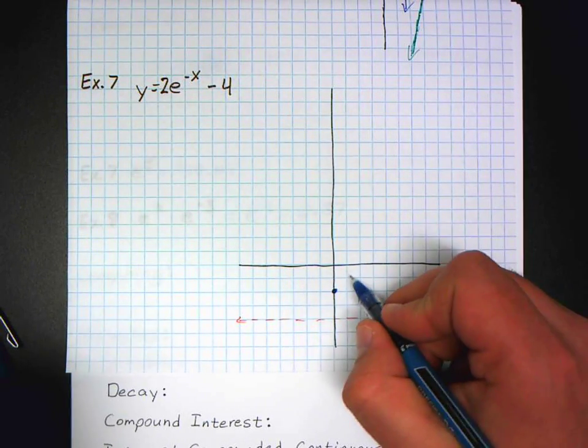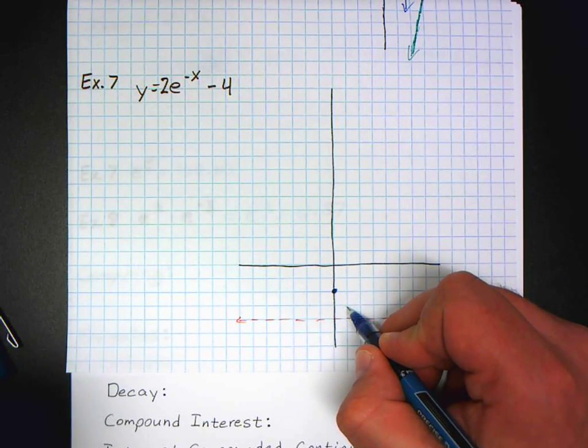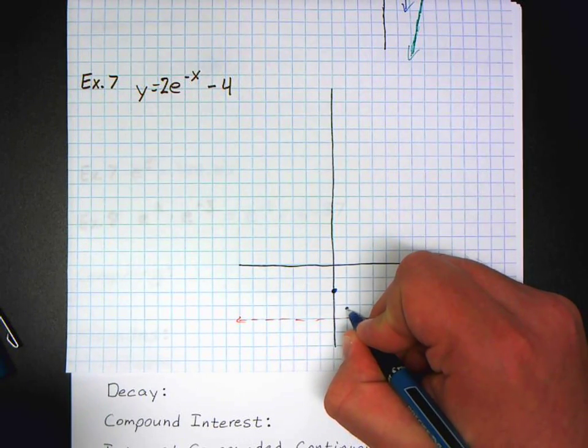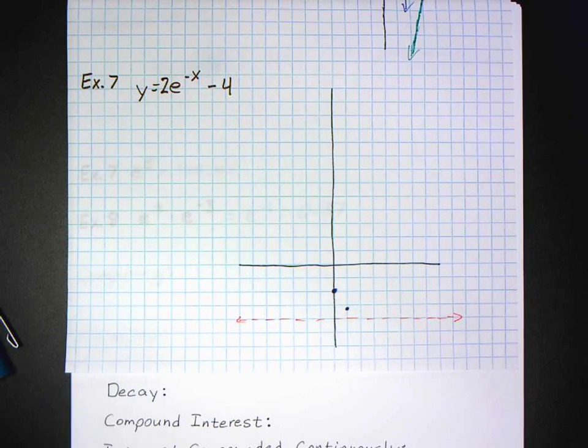Okay, so -3.26. For that one, I got negative. For the next point over, I got -3.26. I don't know where that is. I just put a dot, a little bit under -3.